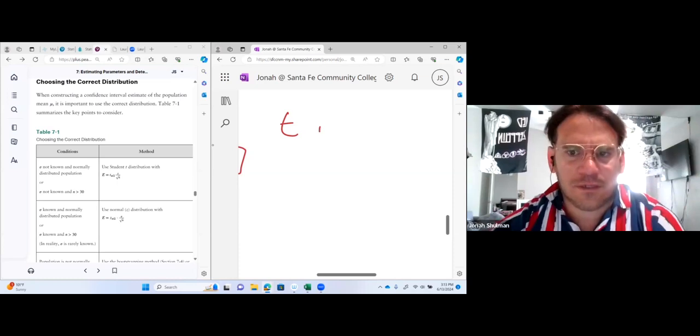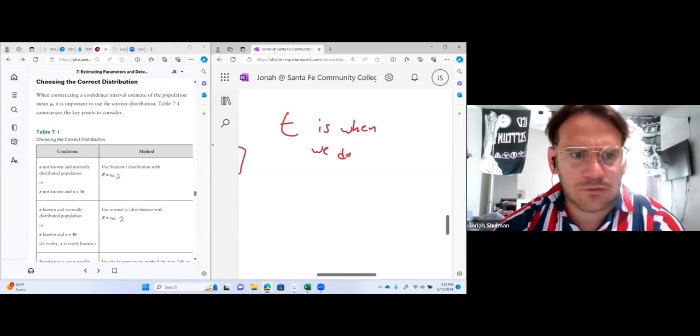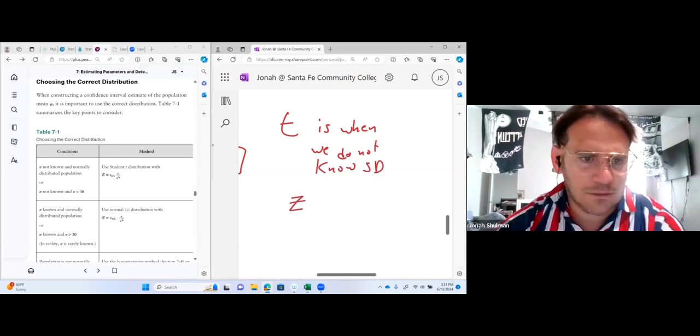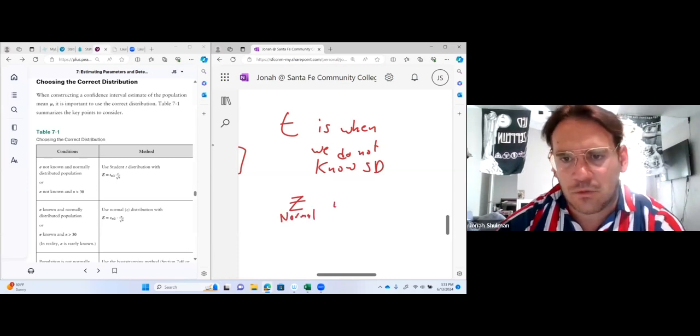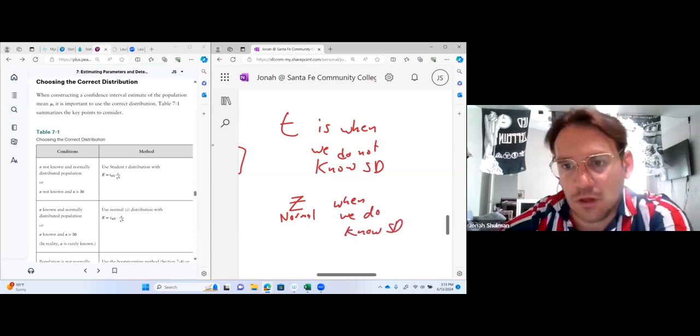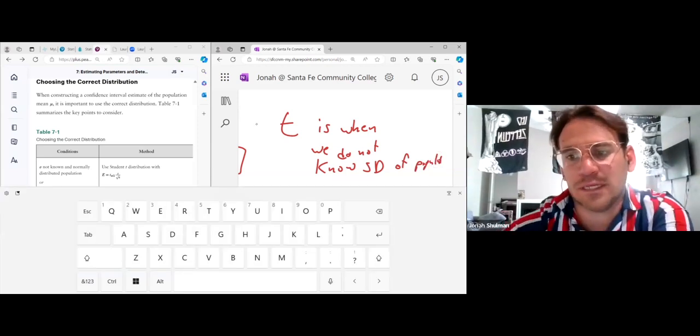So the t is when we do not know the standard deviation, and the z, or the normal, is when we do know the standard deviation of the population, because we could always calculate it, right?